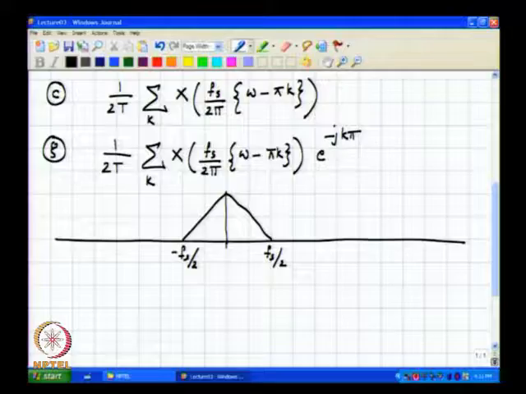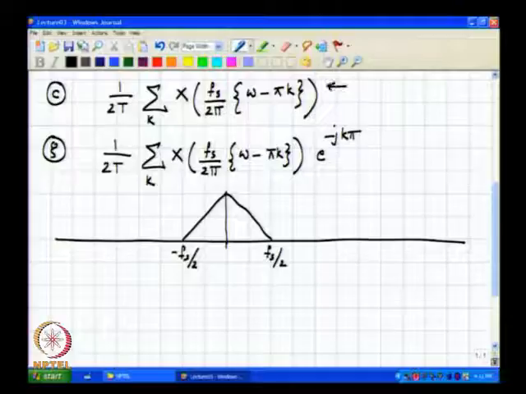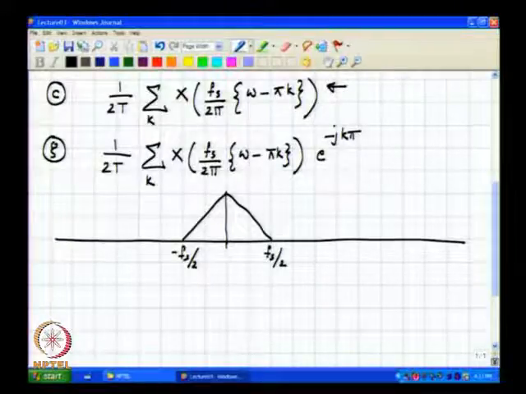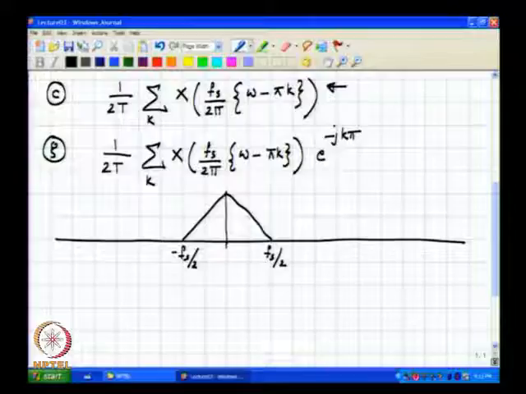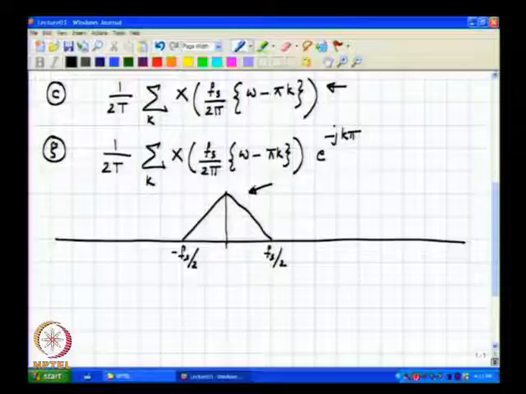However, how does this look? Let us remind ourselves again: if this signal was sampled at Fs, what would the discrete time spectrum look like?